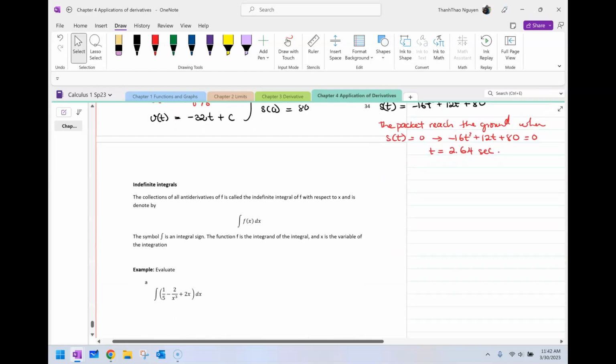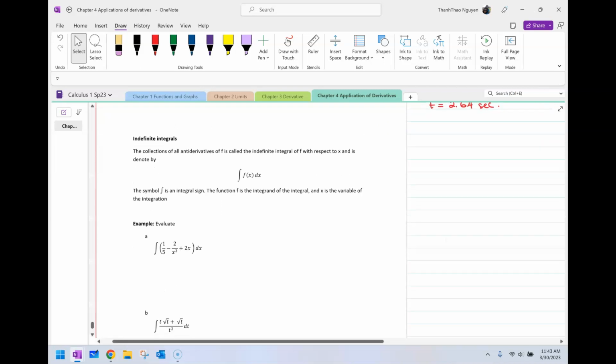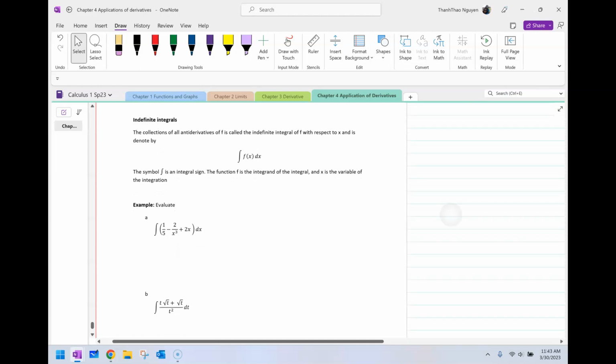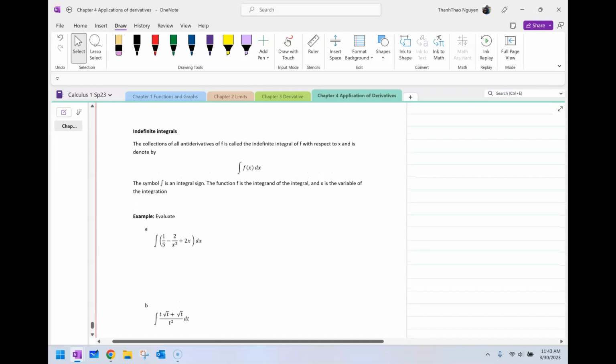Now, when we take the derivative, remember the derivative of a constant equals 0, and when you take the antiderivative, you have to add in the constant. So it really means that the antiderivative is a family of functions. The collection of all antiderivatives of f is called the indefinite integral of f with respect to x and is denoted by the integral sign.